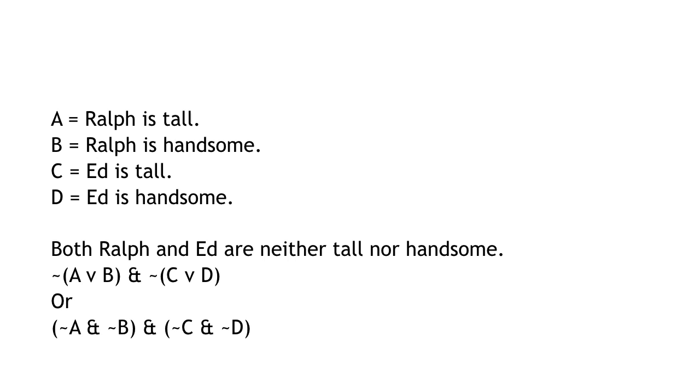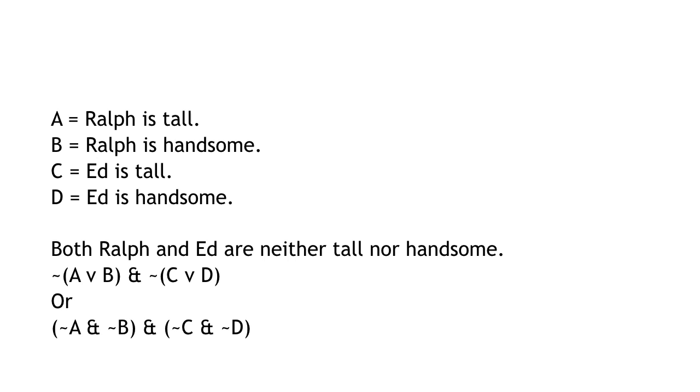With De Morgan's laws, we can turn this not (A or B), you know, we put the not there, the little wedge becomes an and, A and B both get a not symbol, so it means the same thing, right? Same goes for the not (C or D). Using De Morgan's laws, we see that these are exactly the same logically, so for our purposes, they have the same meaning. And just think about it kind of intuitively, right?